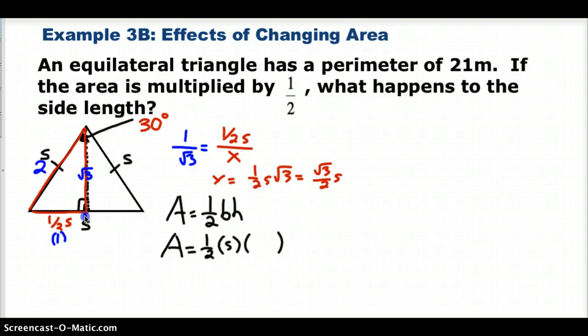So this is our expression that represents the height of our triangle, and I'm going to put that right in here.